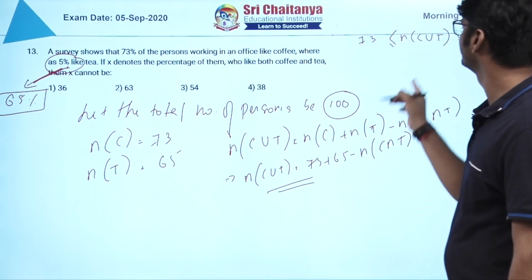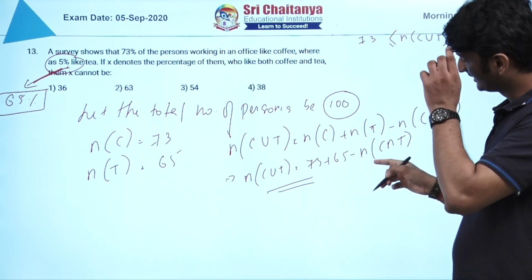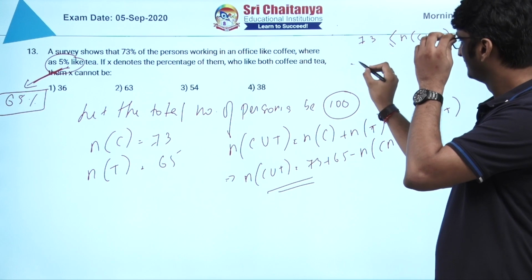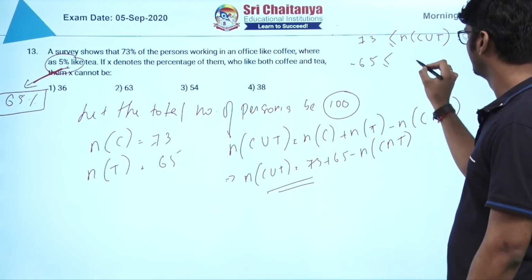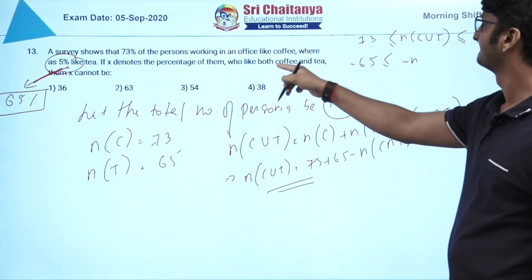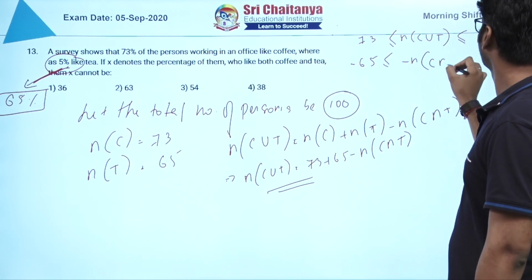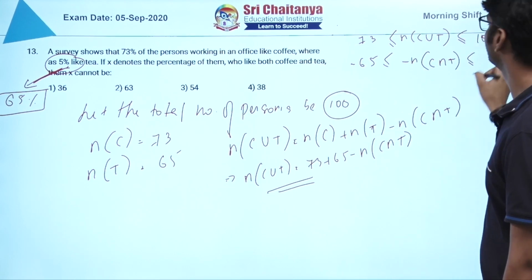What we have got, put these numbers here. While putting this, you are getting 73 plus 65 minus n of C intersection T, and simplifying, minus n of C intersection T is nothing but 38.